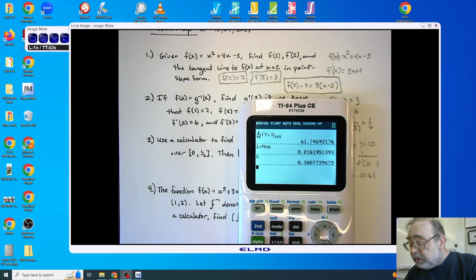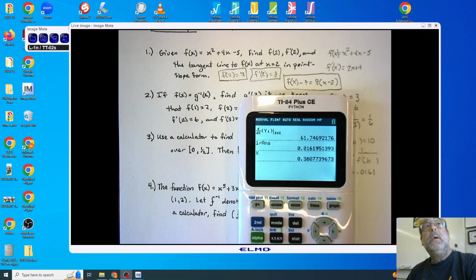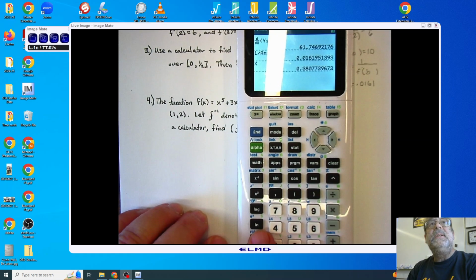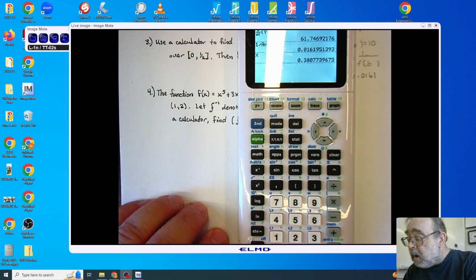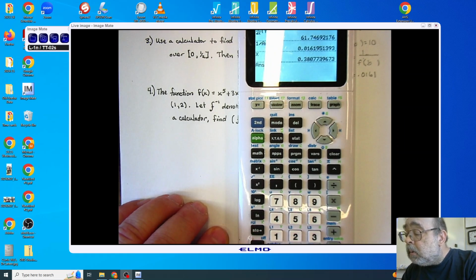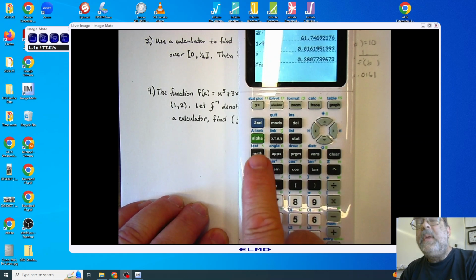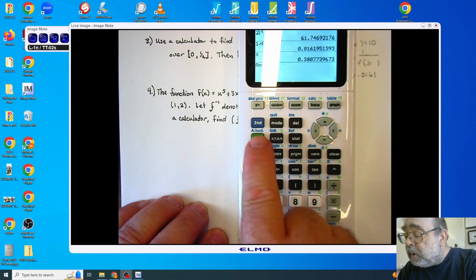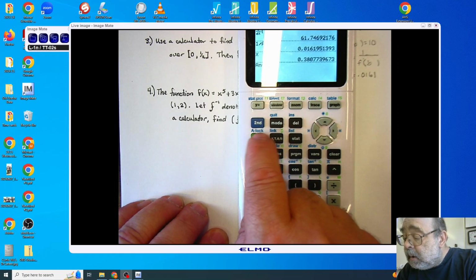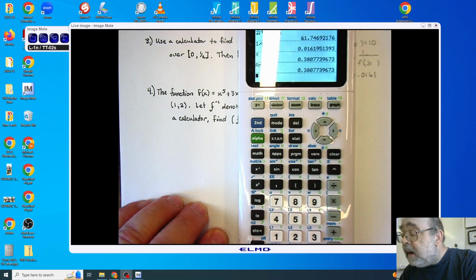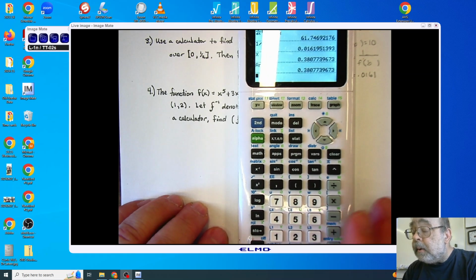Notice I can now do store. So I'm going to hit store. That's this button right above the on button, STO, and it'll now say the answer where. And we're going to use one of these green letters. I personally like alpha math, which is A, and if I hit enter, I now have it stored.